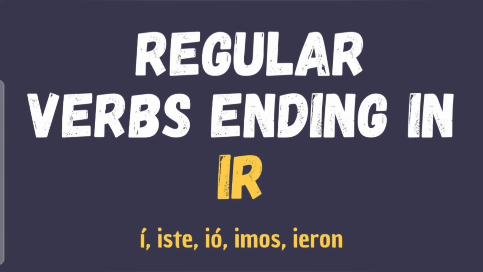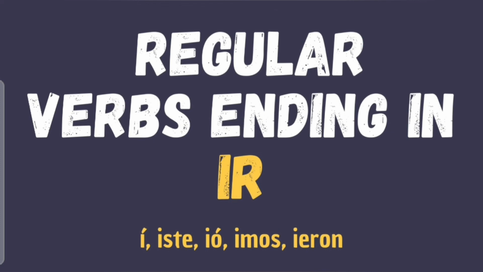I in English, E in Spanish, okay? With an accent on the letter E. Now if you're talking about the personal pronoun you, tú, then your verb in the indefinite past has to end with iste, okay?